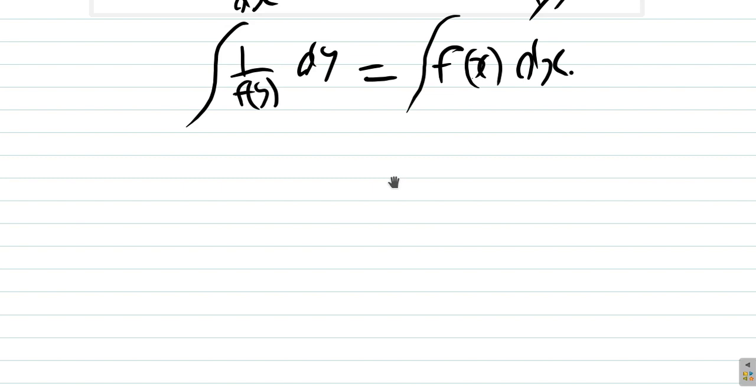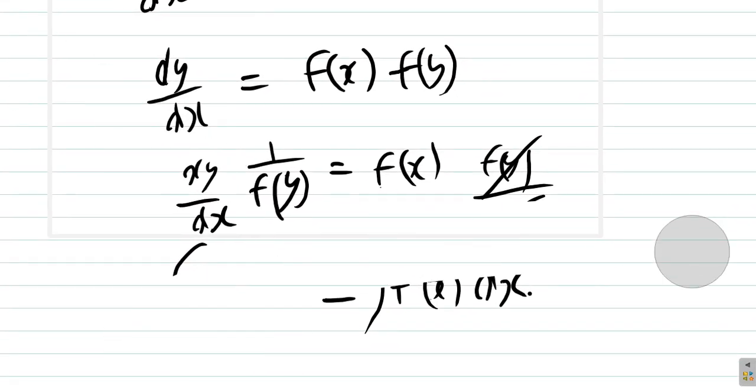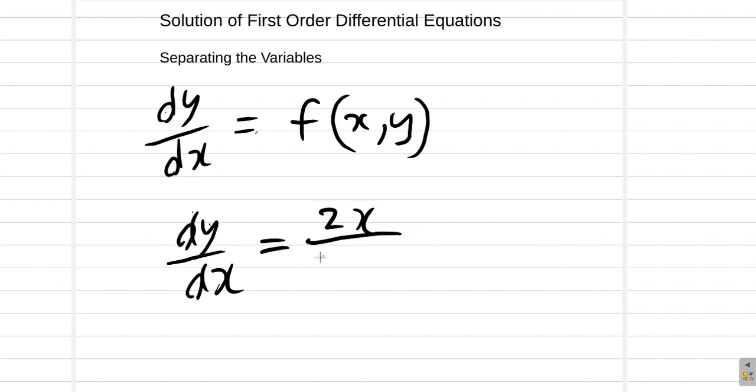Alright, so let's look at a specific example. Let's just erase what we have here and look at an example with numbers. Suppose you have dy by dx is equal to 2x over y plus 1. Now, you need to have the function in y dy equals the function in x dx.